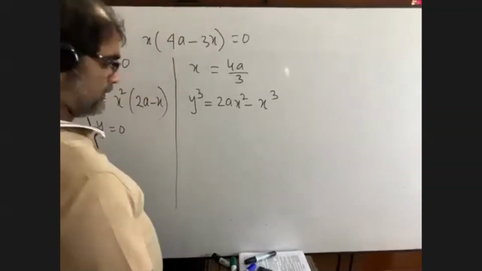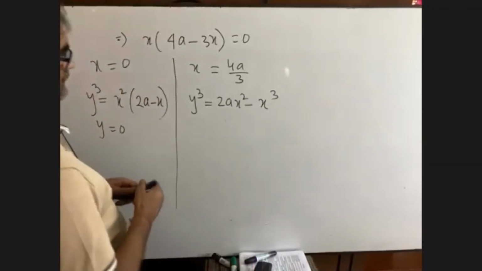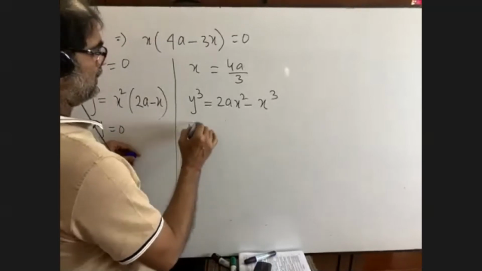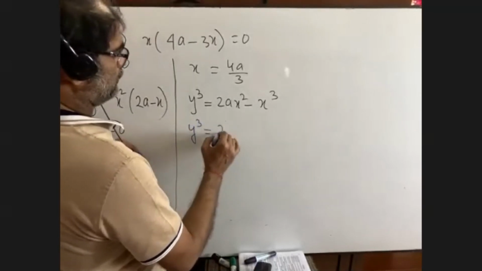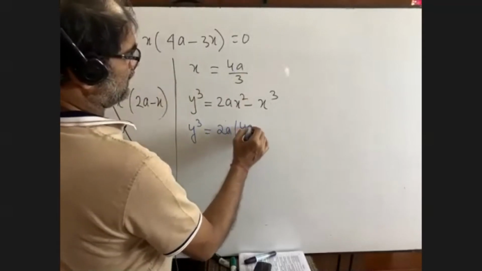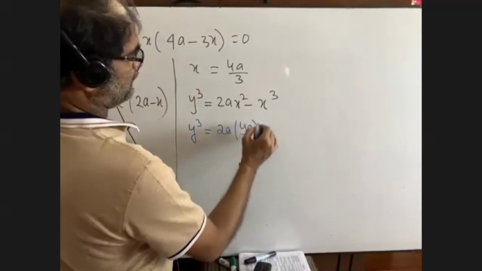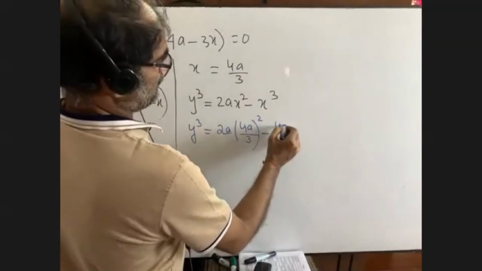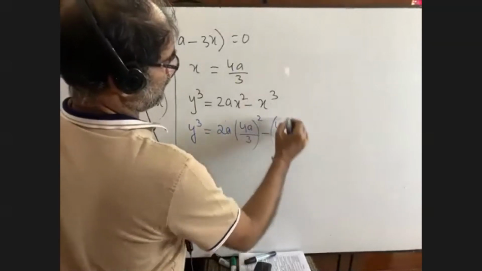y cube equals to 2a, what is the value of x? 4a by 3 whole square minus 4a by 3 whole cube.